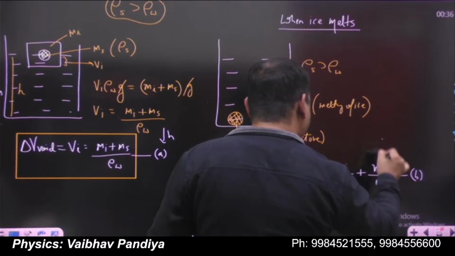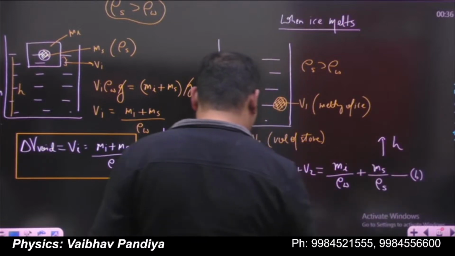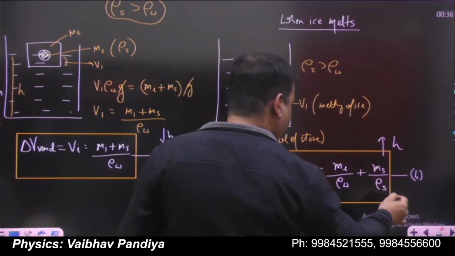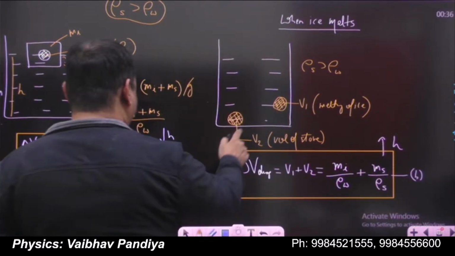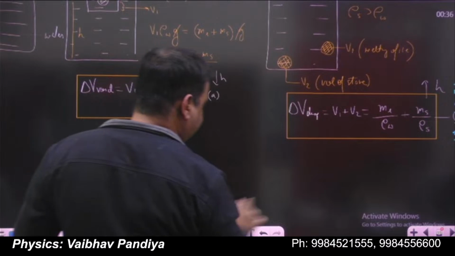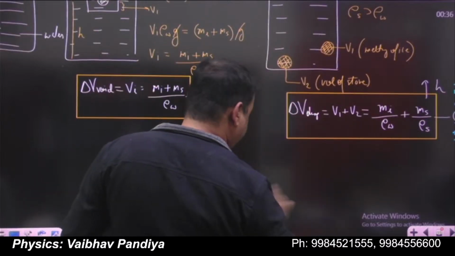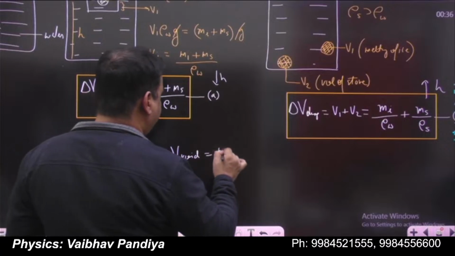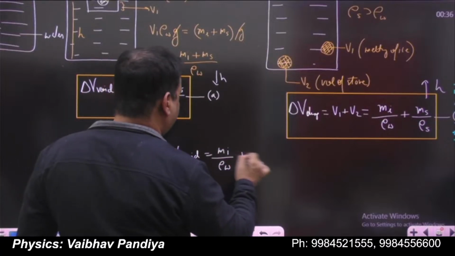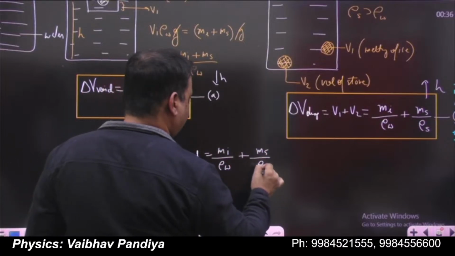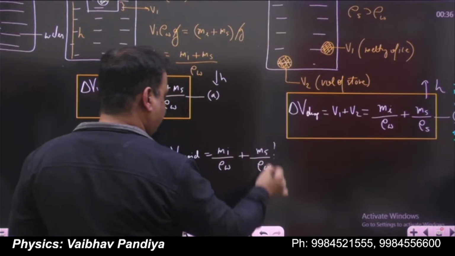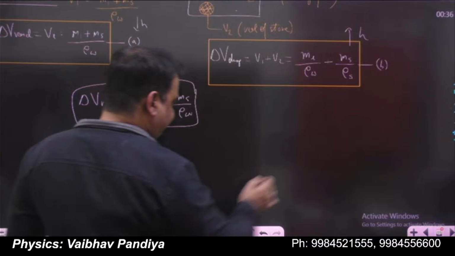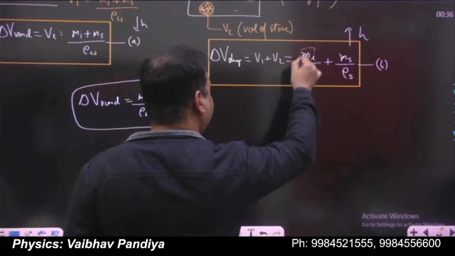This volume will be responsible for increasing the height H. Now let's compare both the volumes, which volume is greater. So in both the cases, if we write delta V void, we'll get Mi by rho of water plus Ms by rho of water, correct? Now you can see in both the cases, one term is the same, mass of ice by rho of water.